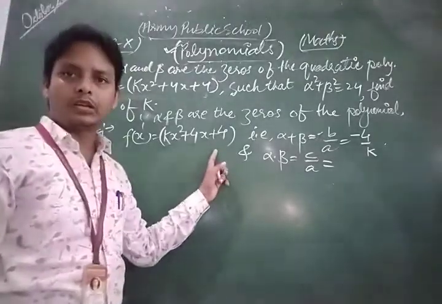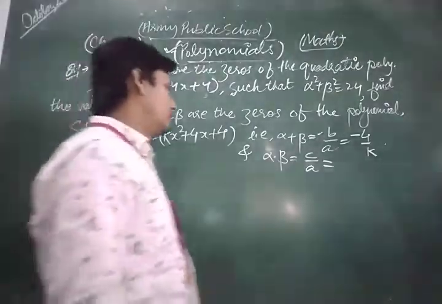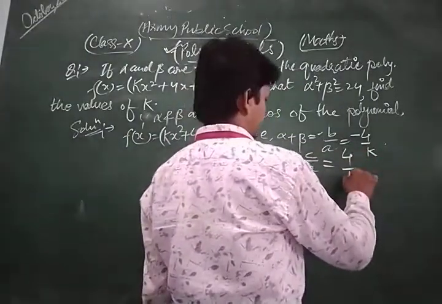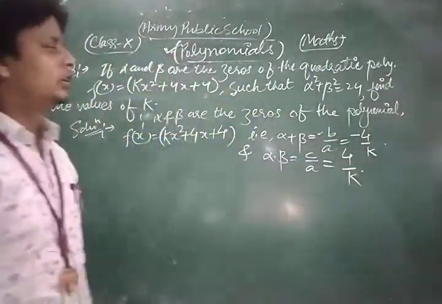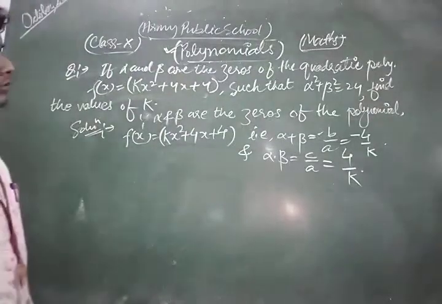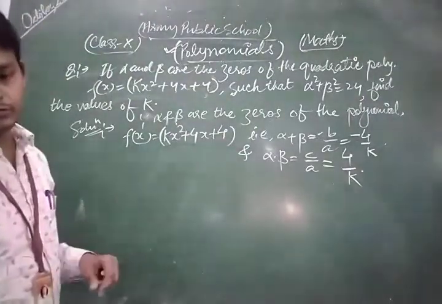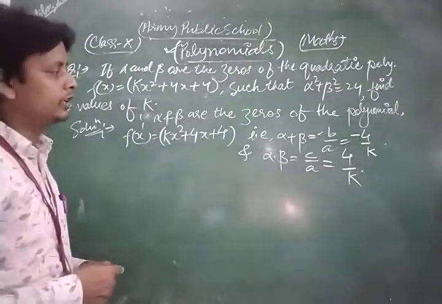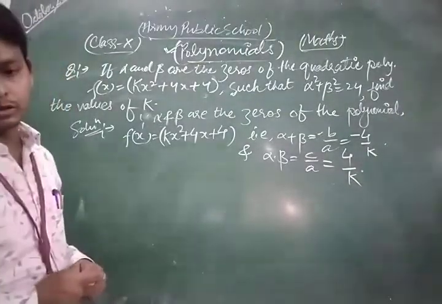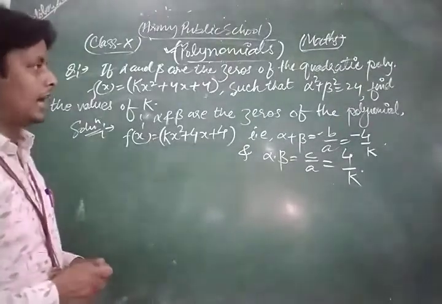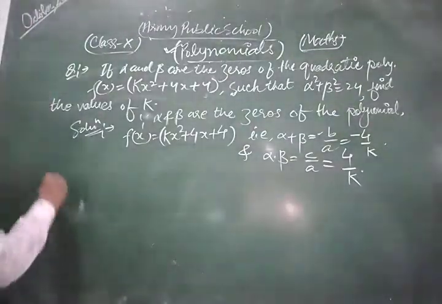C is your constant term, which is equal to 4, and a is the coefficient of x square, which is k. So in this way we find the value of alpha plus beta as minus 4 upon k, and the value of alpha into beta as 4 upon k.